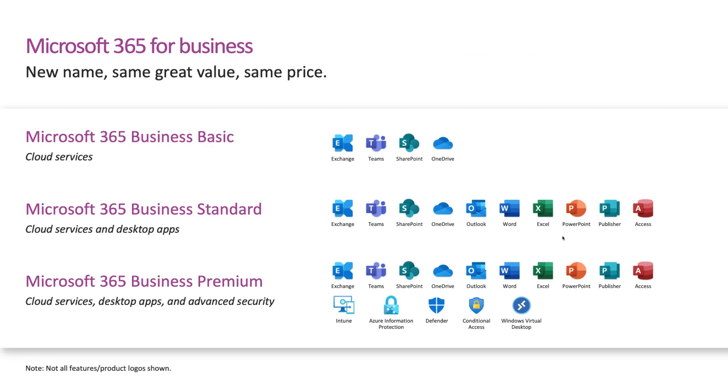The business standard element of this includes your desktop applications as well as the business basic applications, so Exchange Online, Teams, but it also includes your Office suite apps. And the Microsoft 365 Business Premium includes the security elements on top of this and device management and governance and everything else I've mentioned so far. That also gives you the capability of doing Windows Virtual Desktop licensing on top of this as well, because it includes your Windows 10 license. And I'll touch on that shortly.